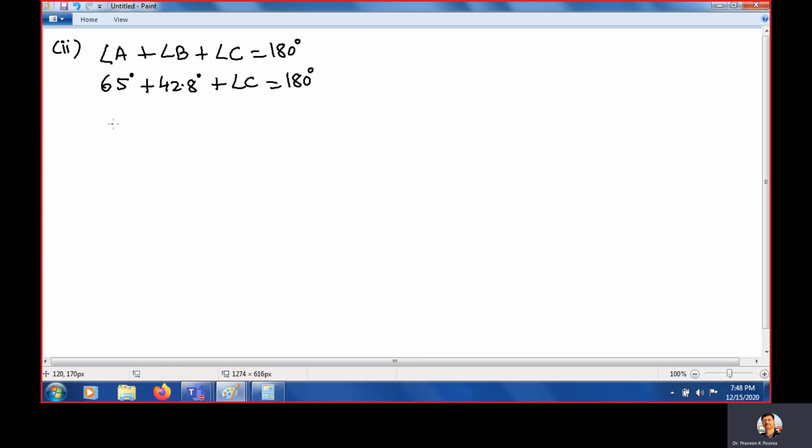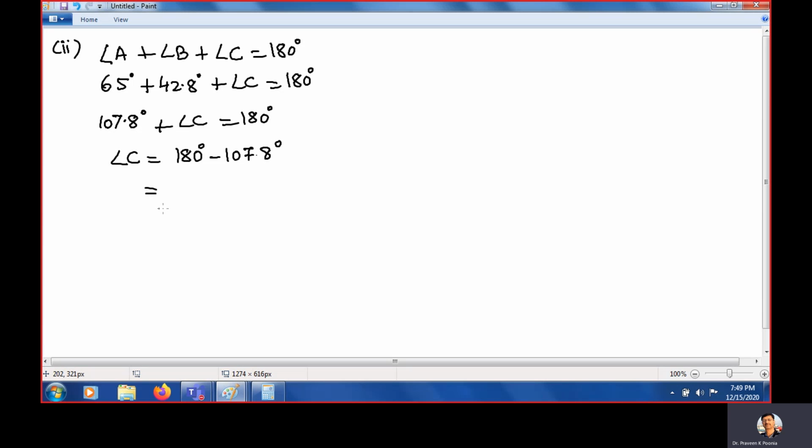Now add them. 0.8 and 5 and 2 is 7, and 6 and 4 is 10. So it is 107.8 degrees plus angle C is equal to 180 degrees, and angle C is equal to 180 degrees minus 107.8 degrees.